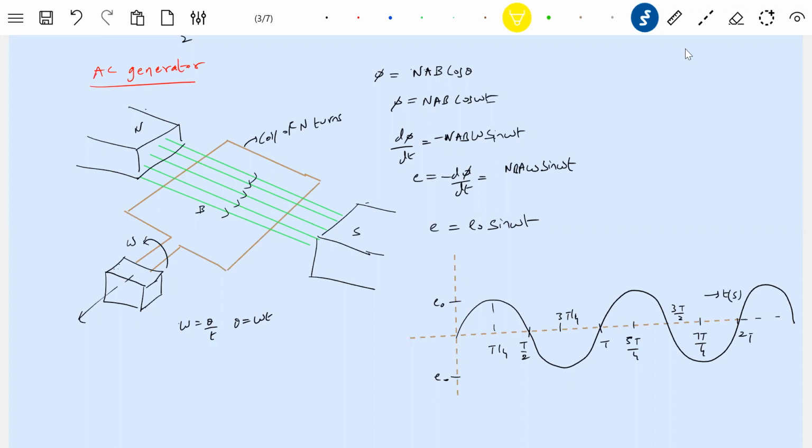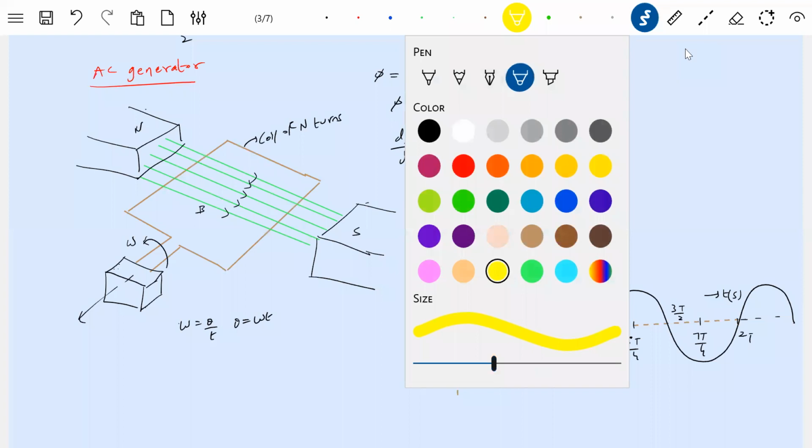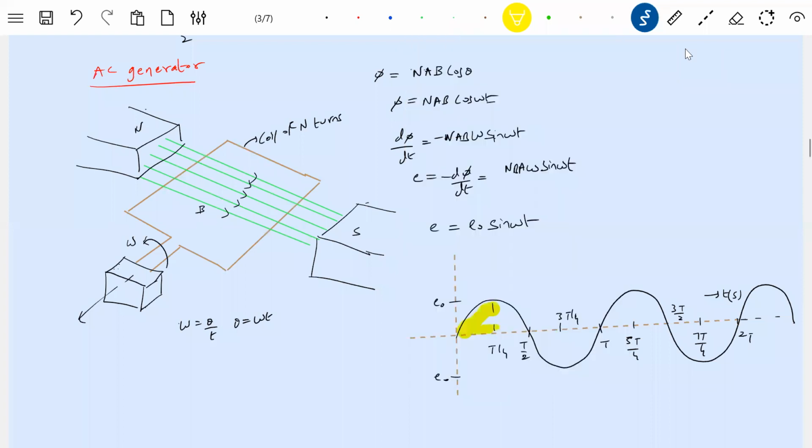This is called alternating. So why is it alternating? Look at the cycles here, the positive and negative half cycles. So why is it called an alternating current generator?